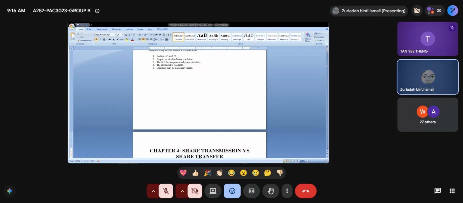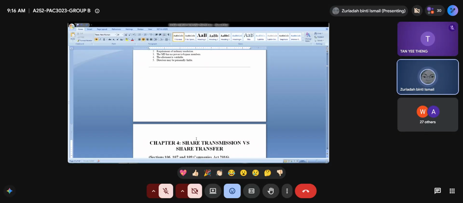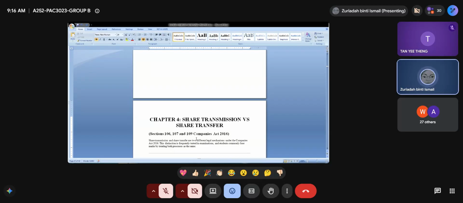Then in that case, it will also discuss share transmission and share transfer. For both share transmission and share transfer, we will use sections 106, 107, and 109.